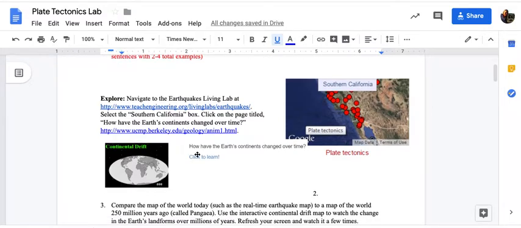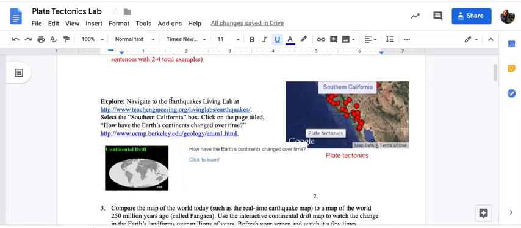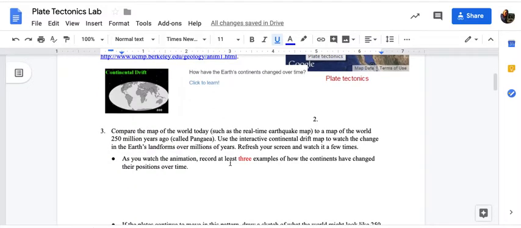The next thing that you're going to do is there's the Earthquakes Living Lab, and you're going to click on this, but I would actually go to this website or this link here, and it is going to take you to the Southern California box.